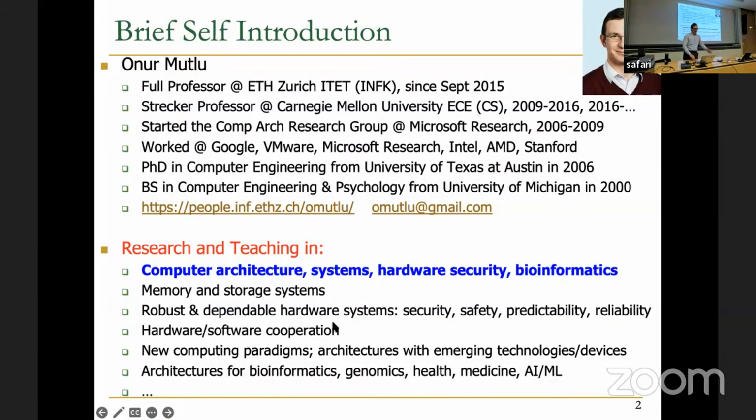Clearly, here for computer architecture, we work on all of these topics, and hopefully we're going to cover some papers related to all of them. Memory and storage systems, robust hardware, which encompasses security, safety, predictability, reliability, availability, hardware-software cooperation, new computing paradigms, and architectures for special and important applications like bioinformatics, machine learning, medicine. Hopefully there will be a good spread of papers.